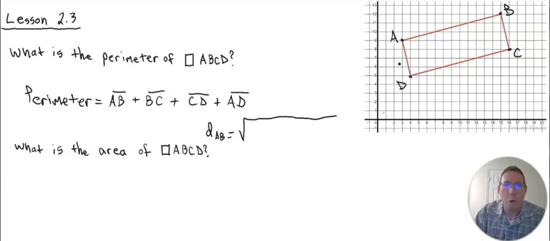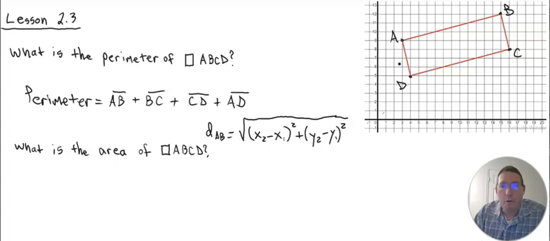You have to identify the coordinates of A and the coordinates of B, and the distance is the square root of x2, one of the x coordinates, minus the other x coordinate, x1, and then we square that, plus y2, one of the y coordinates, minus y1, and then we square that. And so this is our formula.